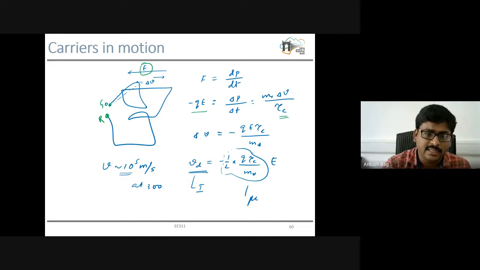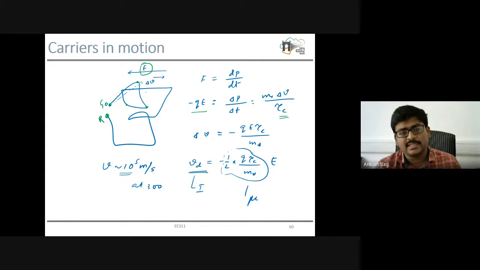So here we have two collisions. The electron generated here gets scattered for some reason that we'll discuss soon, and changes its direction. Again from this point it changes its direction. The time between two collisions for any particular carrier is tau c. This path is called the mean free path, and this is the mean free time, tau c.